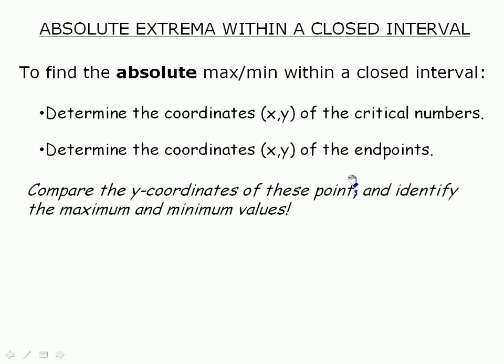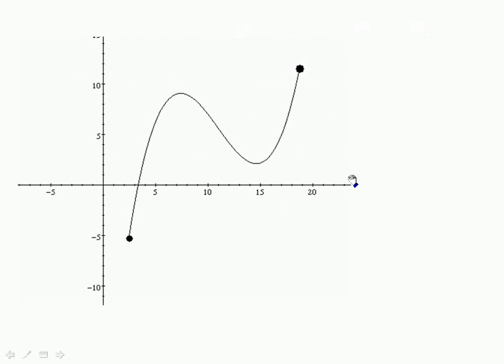So it's pretty routine. When you take a look at this one, we have these two local maxima and minima, and we would compare this point, I'll call it point 1, point 2, point 3, and point 4.